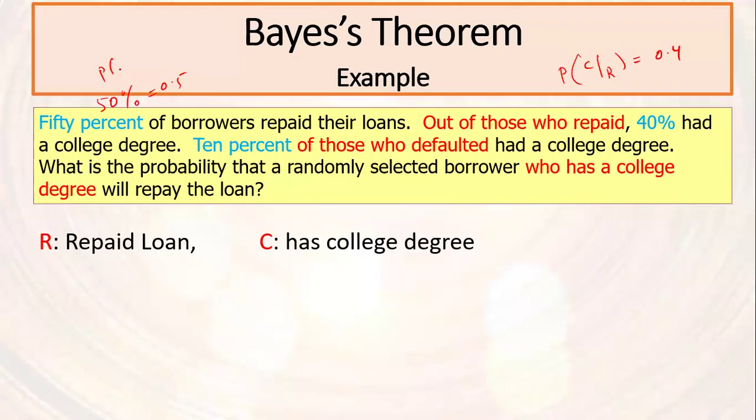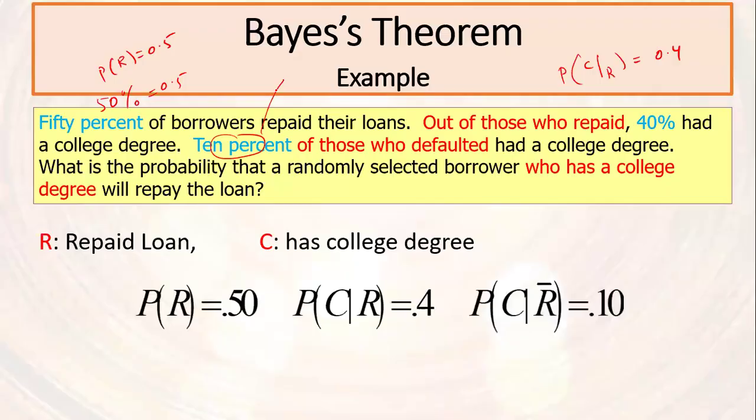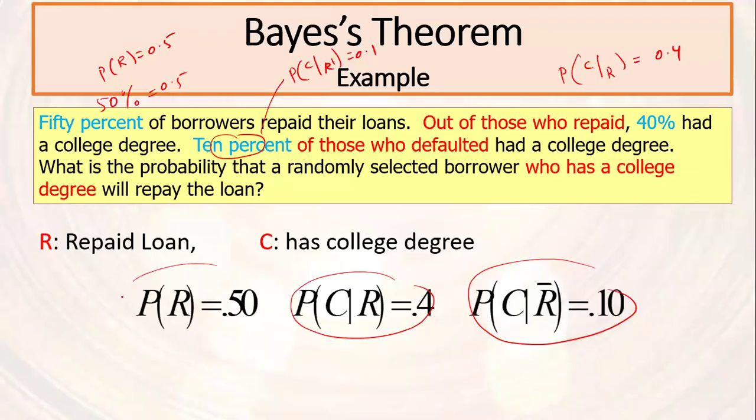Probability of repaying equals 0.5. So 10% of those who defaulted, that means they did not repay, have a college degree. So probability of having a college degree given that he did not repay equals 0.1. So this is given to you, this is given to you, and this is given to you.